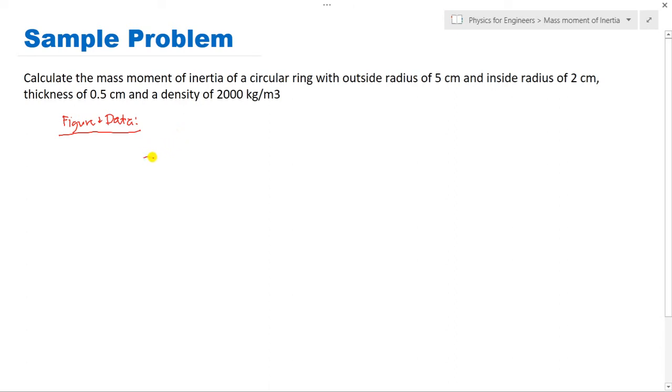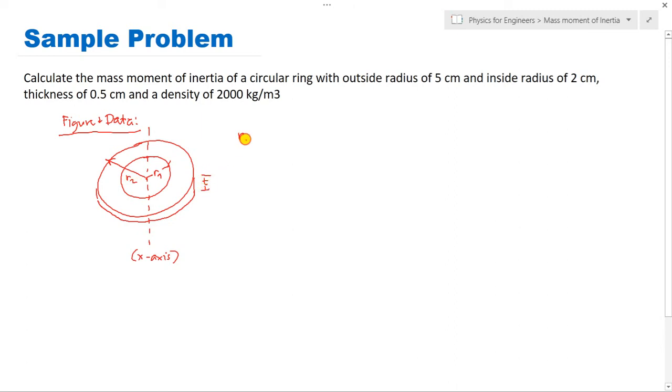So we have here a circular ring, the drawing, then of known thickness. Okay, then rotating nasa axis dire, we just call this one as the x-axis. So we have R1 and then of course R2 and then we have thickness.